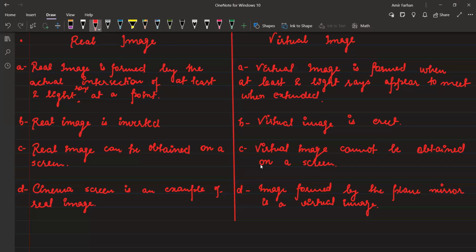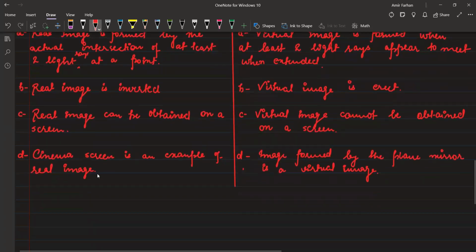No, sir. Is it possible to obtain what is currently running in your mind on a screen? No, sir. So that's why virtual images cannot be obtained on a screen, because the light rays don't actually meet. That is not the actual intersection of the light rays. Clear? Yes, sir. Okay, that's good.